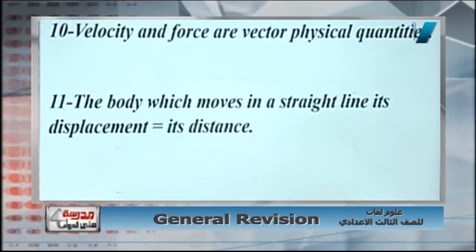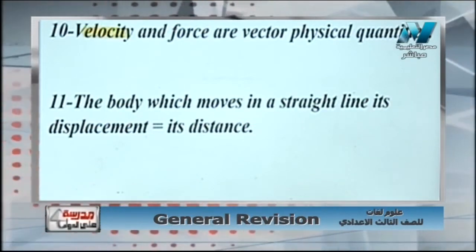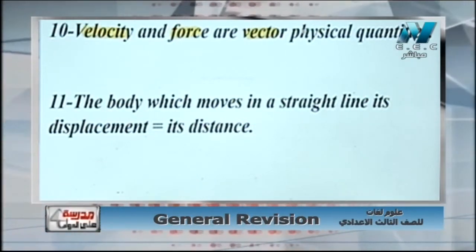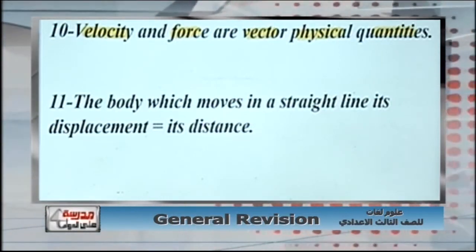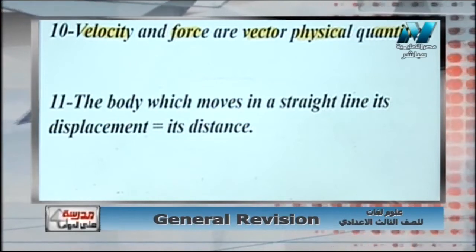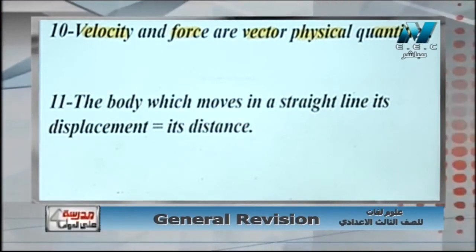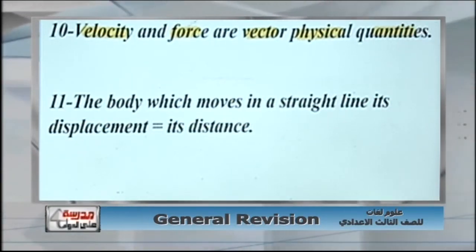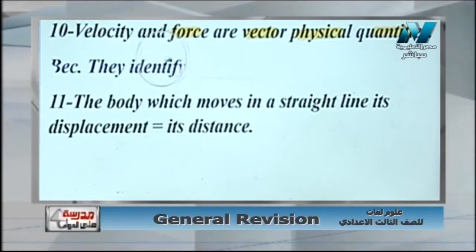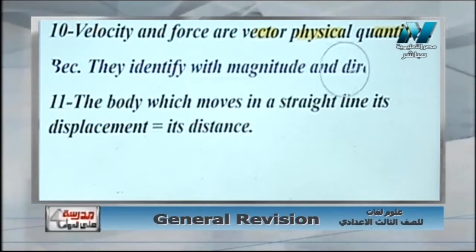But on the other hand, we have what here? We have velocity, force, weight, acceleration, displacement are vector physical quantities. I say because they are identified with magnitude and direction.